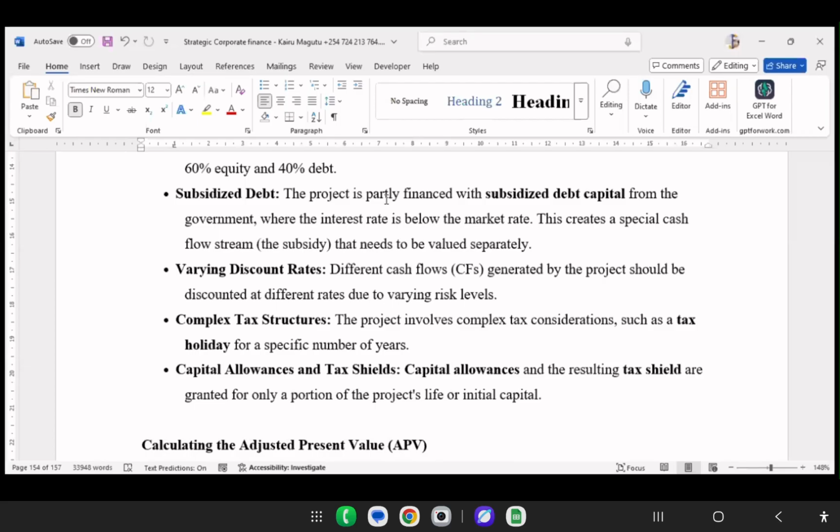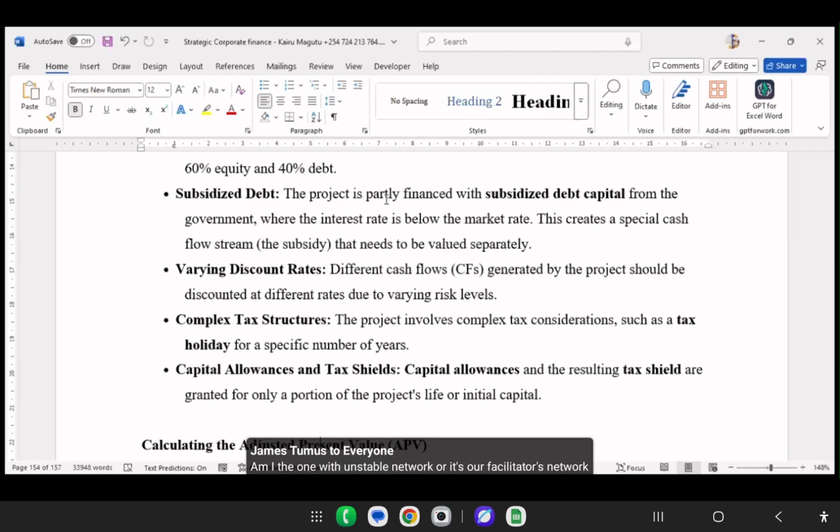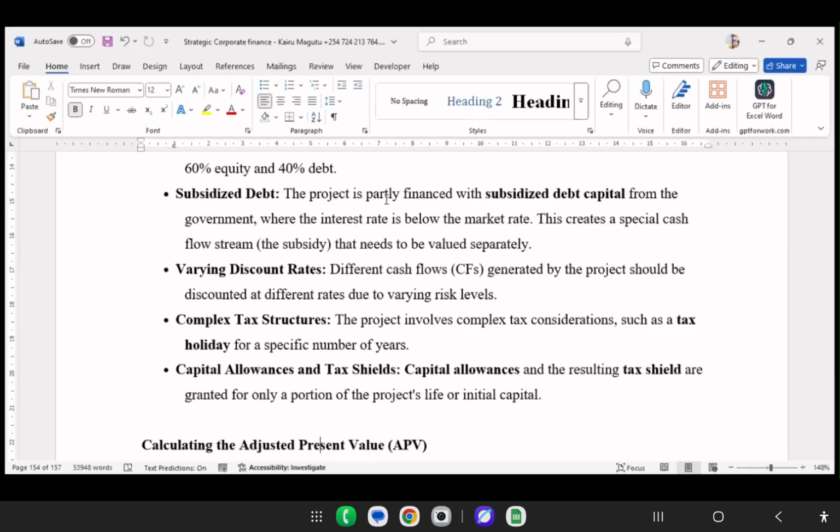Out of the 100 million, 60 million you will be given by the government at maybe 5% interest. The other 40 million you borrow from the bank at the normal interest rate, maybe 20%. So there is 60 million that is subsidized. The cost of debt is subsidized. That is scenario number two, in case of subsidized debt.